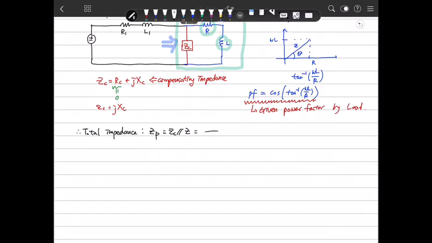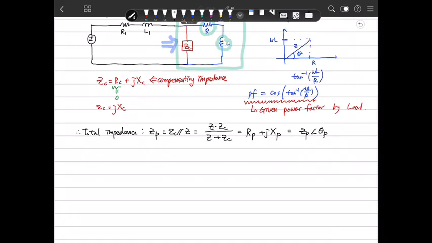So that will be Z and ZC in parallel, which we define here as RP plus jXP, and set up in polar form.